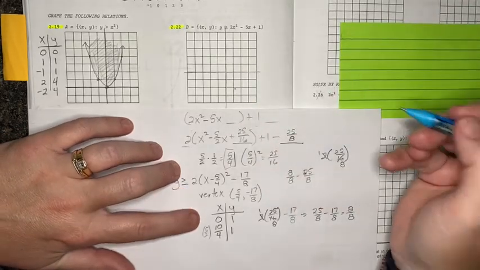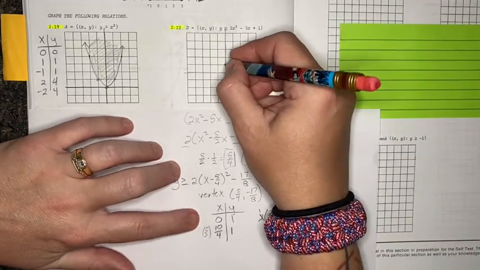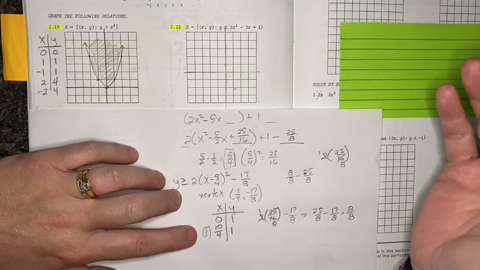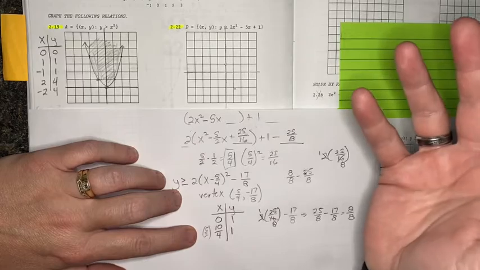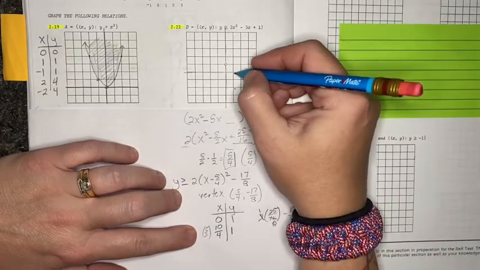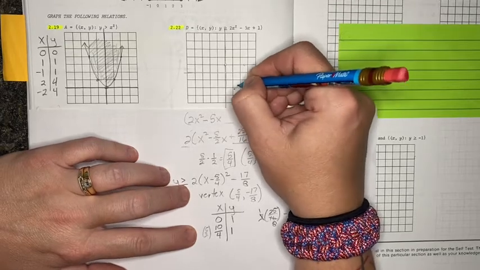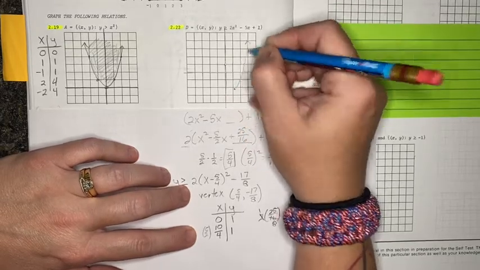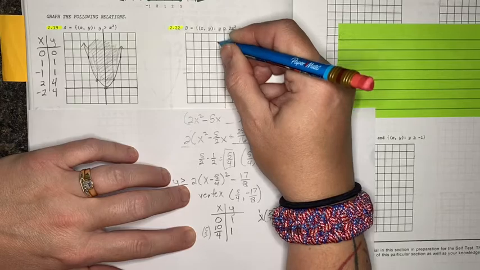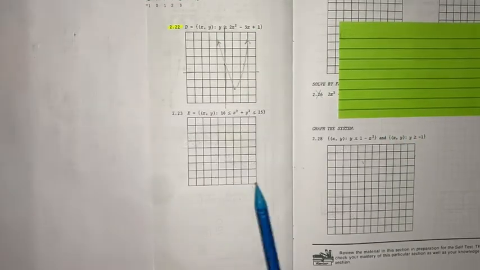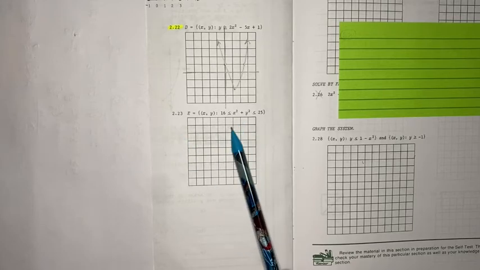And then I have 0, 1, which is nice, so we can put that one there. But then I have this 10/4 or 5/2, which is really 2 1/2 and a 1. And then I can put in my parabola. Best I can do.